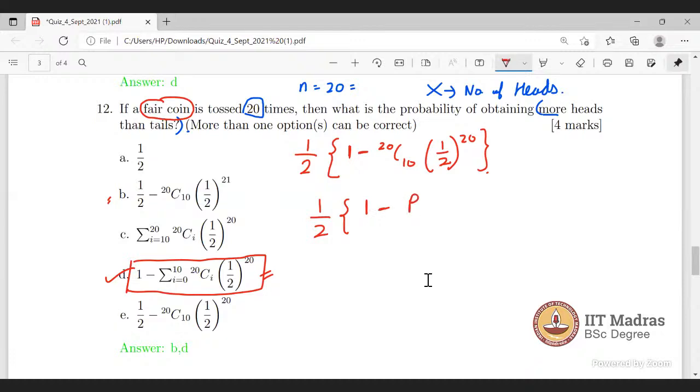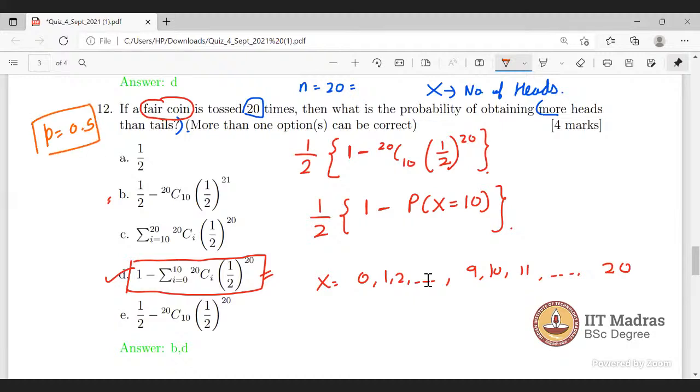Half times 1 minus the probability x equals 10, right? So why are we doing it? In general, your x can take values 0, 1, 2, and so forth up to 9, 10, 11, and then up to 20, right? It is a fair coin, which means p equals 0.5, so my graph would be symmetric in some sense.